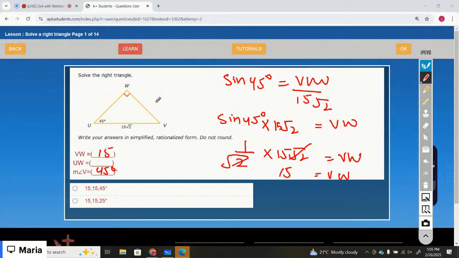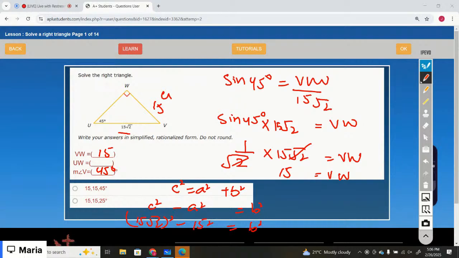Now you can find the third side by using the Pythagorean theorem, right? The Pythagorean theorem is c square equals a square plus b square. C is 15 square root 2 and a is 15. So you can calculate b square equals c square minus a square. C square is 15 square root 2 square, minus 15 square.